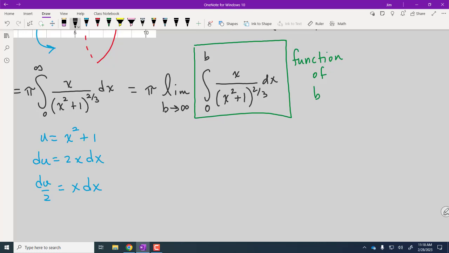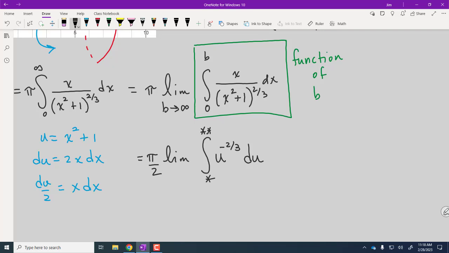So we will have pi multiplied by limit. And then in here, we're going to convert to u's. We're going to go back to x's in the end, so let's just put some sort of placeholders. U in the denominator, that's going to be u to the minus 2/3 if we pop it up to the numerator. And then x dx is du over 2. So we're going to put the du right there, and the over 2 is out in front.